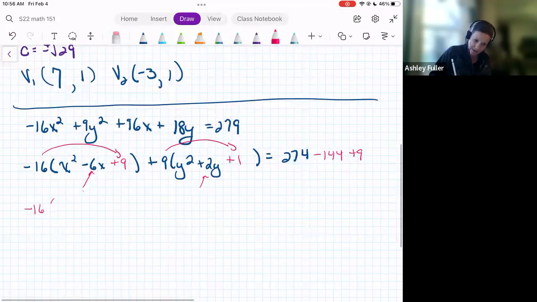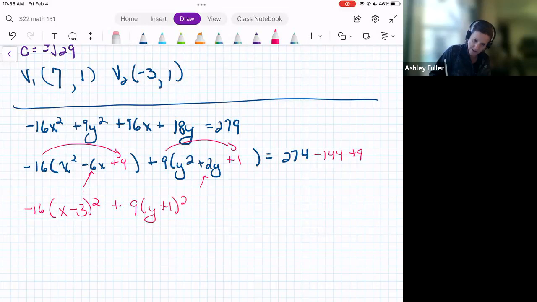Factoring, I end up with negative 16 times (x minus 3) squared plus 9 times (y plus 1) squared equals, when I combine these terms, I end up with 144. I changed my number there, sorry about that, 279.